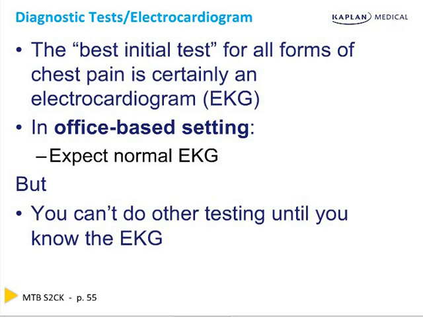What if it showed Q waves and an old MI? Then you know there's coronary disease. What if there are other findings that make the EKG unreadable for ischemia? You must do the EKG first, even when you don't think there is real ischemic pain.